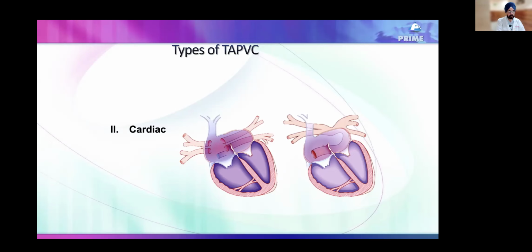Okay. So the least common is the cardiac type, where the pulmonary veins can drain directly into the right atrium. How? The posterior chamber gets absorbed in the right atrium. So now they open separately into the right atrium instead of the left one.